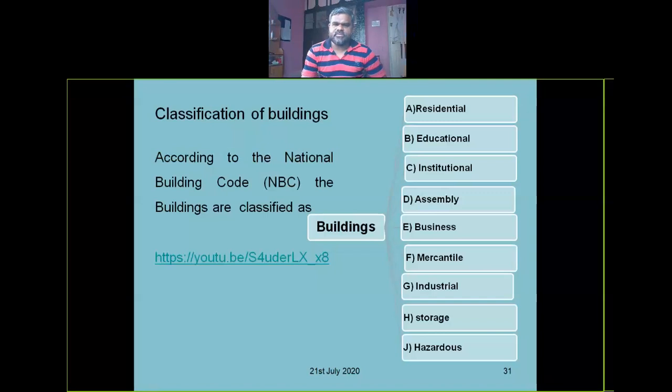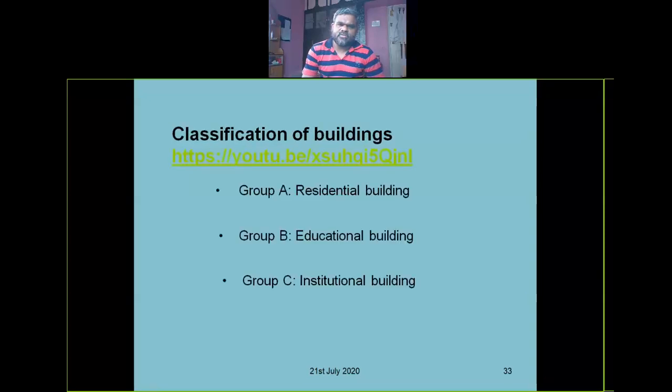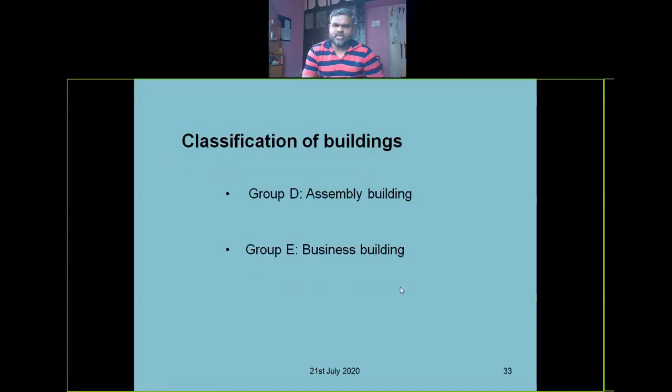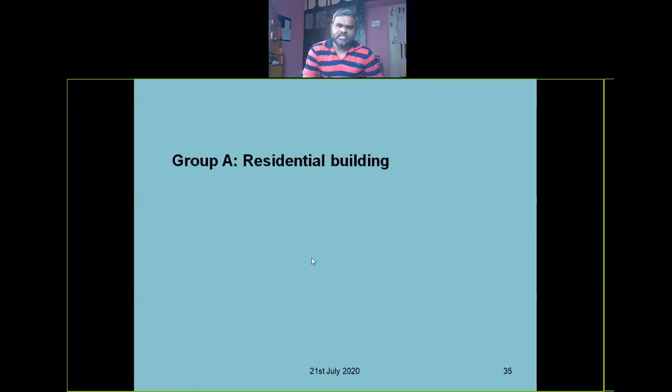Buildings are classified into these types according to their usage. These are subdivided into different groups: group A, residential buildings; group B, educational buildings; group C, institutional buildings; group D, assembly buildings; group E, business buildings; group F, mercantile buildings; group G, industrial buildings; group H, storage buildings; group J, hazardous buildings. There are around nine types of classification of buildings.